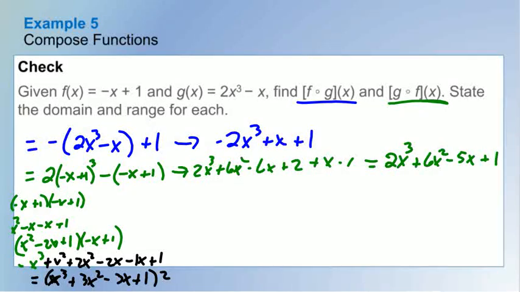From that point here, now we can do the domain and range. So the domain for the blue, that's a cubic function, and for cubic functions the domain and range are all the same. It's negative, so this would be all real.